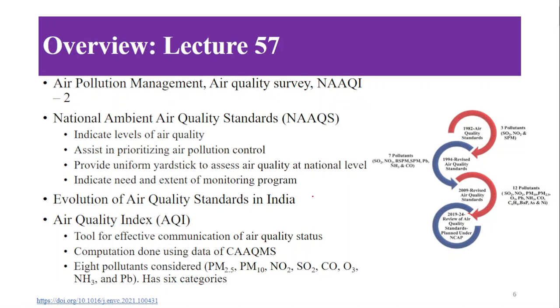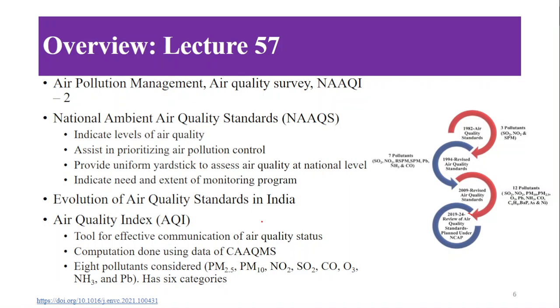The air quality index is a tool for effective communication of air quality status. It basically condenses the 24-hour data for different pollutants into a simple number which can tell us what the air quality is in a particular area.